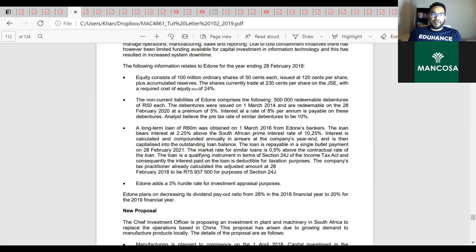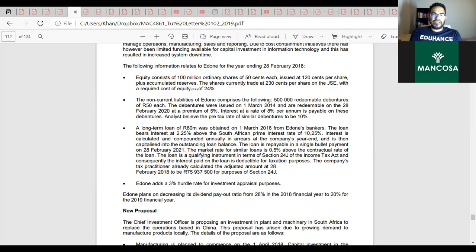Let's go to the next one. A long-term loan of 60 million Rand was obtained on 1 March 2016 from EDON's bankers. The loan bears interest at 2.25% above the South African prime rate of interest of 10.25%.